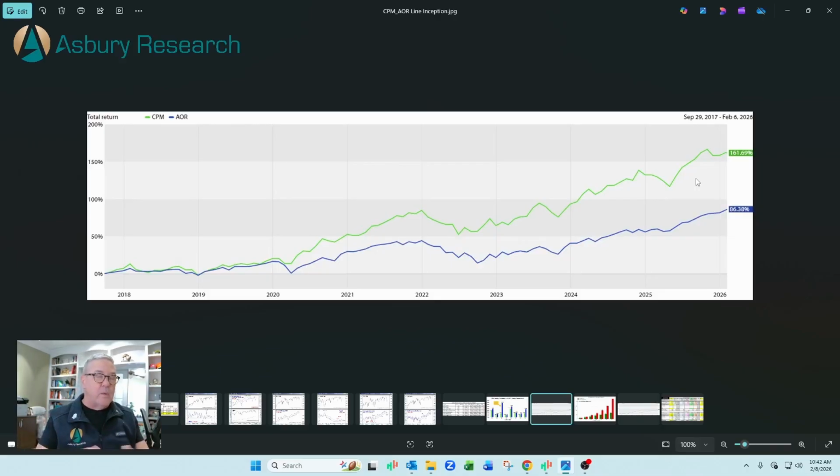When we started Asbury 21 years ago, one of the first things when we started to do retail business was we asked subscribers what they wanted, and they said nirvana for me would be if I could be involved in the S&P 500, if I can be involved in the stock market, but do it with less risk. So this is the first model we've ever built, and that's what this does. Why are drawdowns so important?